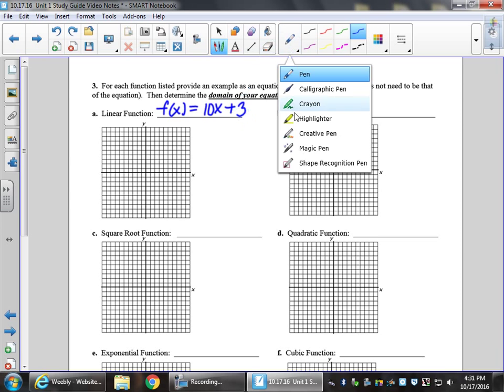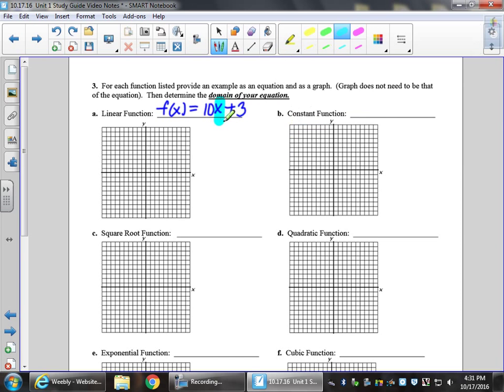The key is that x is x to the first. That's what makes it linear, is that there's an invisible 1 here. So you could have written y equals x. That's the parent function. And in terms of a graph, any kind of straight line is a linear function.